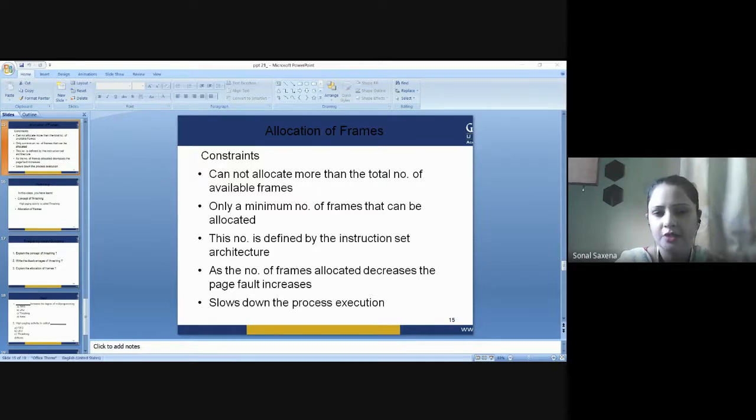It does not hinder the performance of processes and hence results in greater system throughput. Then the disadvantage is that the page fault ratio of a process cannot be solely controlled by the process itself. The pages in memory for a process depend on the paging behavior of other processes as well.